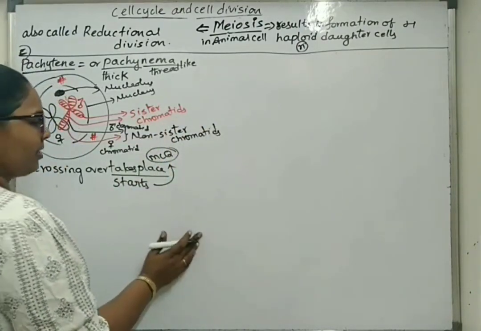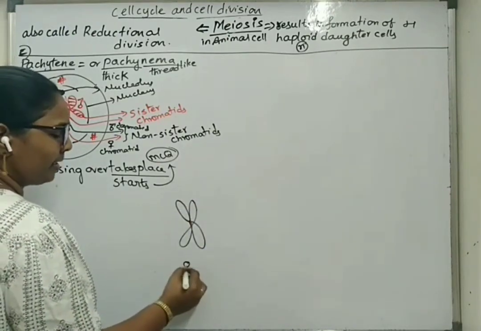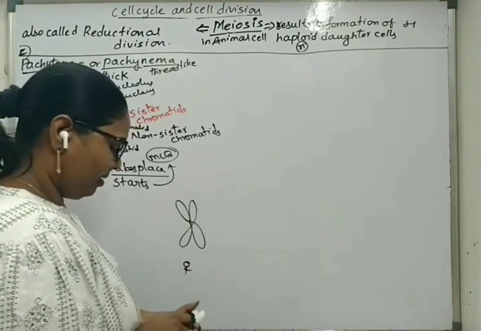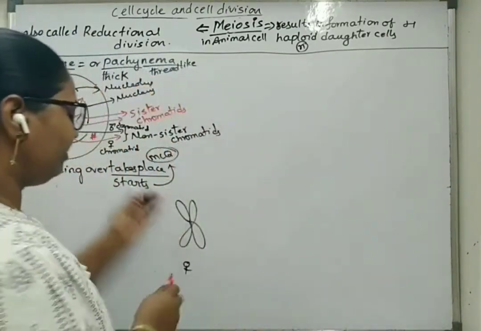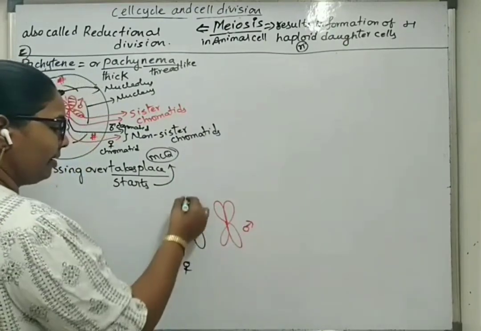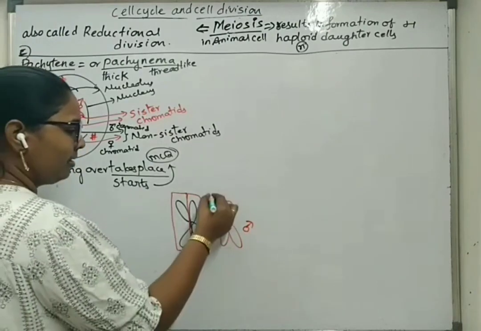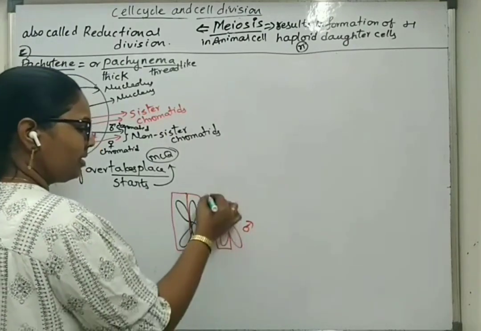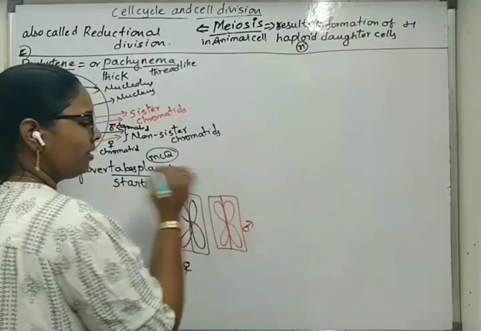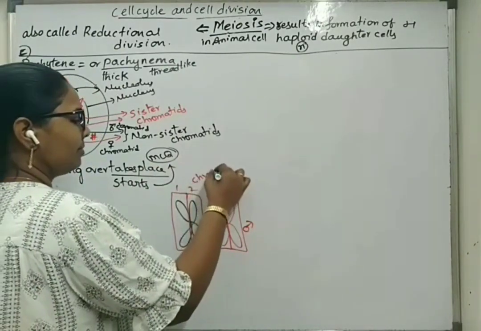I'll draw the structure clearly. If this is the chromosome from mother, think that this is from father. We said that this part is one chromatid, this part is the other chromatid. In the same way, in the father chromosome, this is one chromatid, this is another chromatid. So this is 1, 2, 1, 2 chromatids.